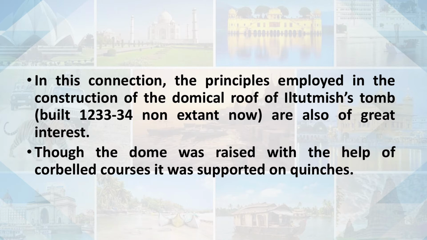In this connection, the principles employed in the construction of the domical roof of Iltutmish's tomb are also of great interest. The dome was raised with the help of corbelled courses. It was supported on squinches.